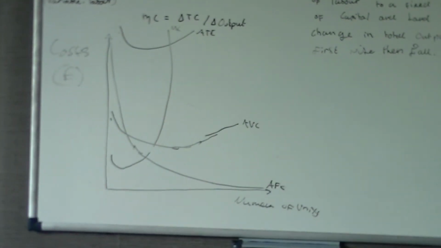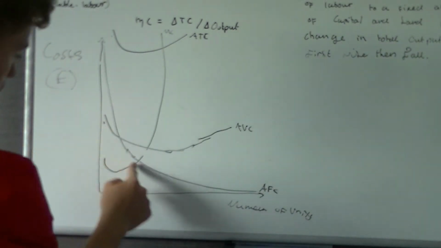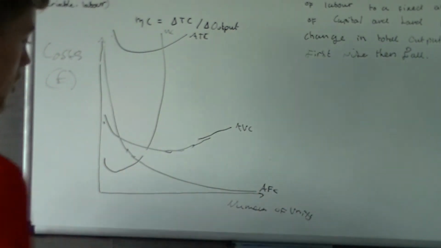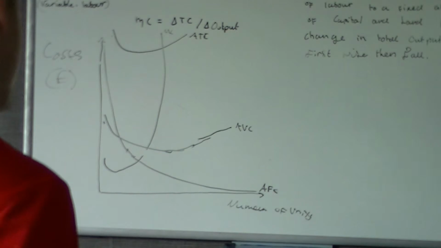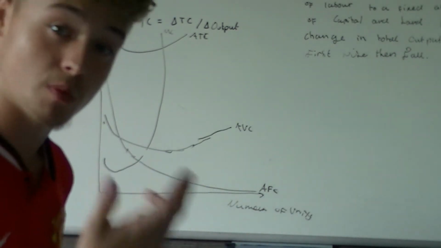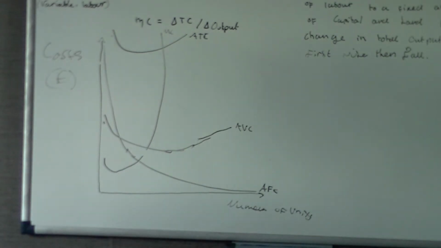Now, I'll start with the easiest one, which is the average fixed costs. This average fixed cost goes down and levels out a bit at the bottom here, and that's because, as we said, fixed costs don't change with respect to output. You could produce 1,000 units and it'd still be the same fixed costs. But the difference is we're spreading them: average fixed cost equals fixed costs over units sold.